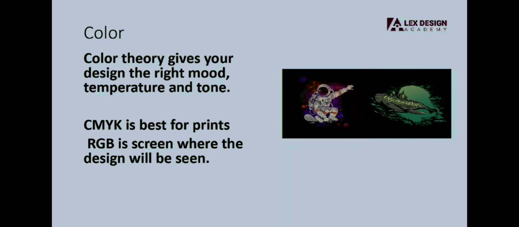Now, for print, the color mode to use is CMYK, and that is cyan, magenta, yellow, and black. And the color mode to use for a screen is red, green, and blue. When I say print, it means whenever you are designing and it's going to end up being printed. But a screen means it's going to end up being presented on a screen.